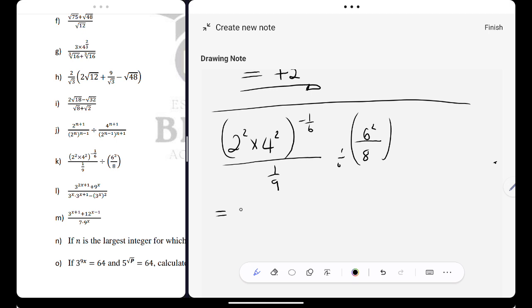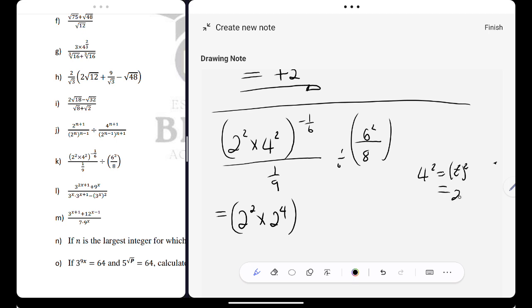Okay, this thing that is inside the brackets is 2 squared multiplied by 2 to the power 4. Why am I saying it's 2 to the power 4? Because if I have 4 squared, I can write it as 2 squared all raised to the power 2, which will be 2 times 2, and then I'll get 2 to the power 4.